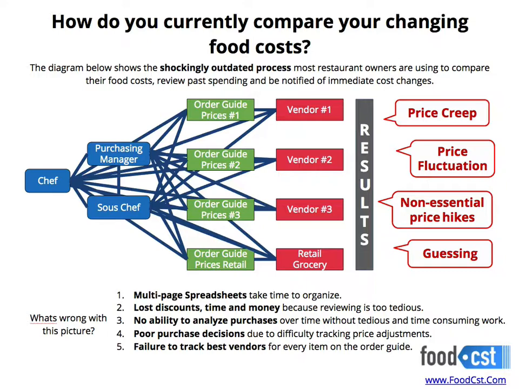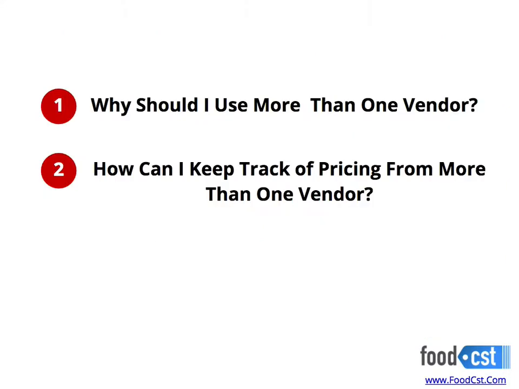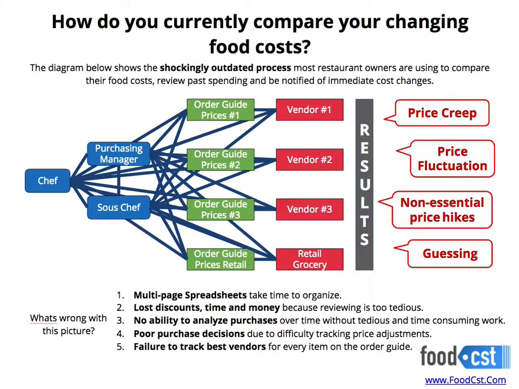So the first question that we were going to address was, if you remember, why should I use more than one vendor? Well, let's assume that you're in a restaurant and maybe there's the chef, or maybe this is the owner, maybe there's a couple people in between that do the ordering, or maybe it's just you as a single operator.